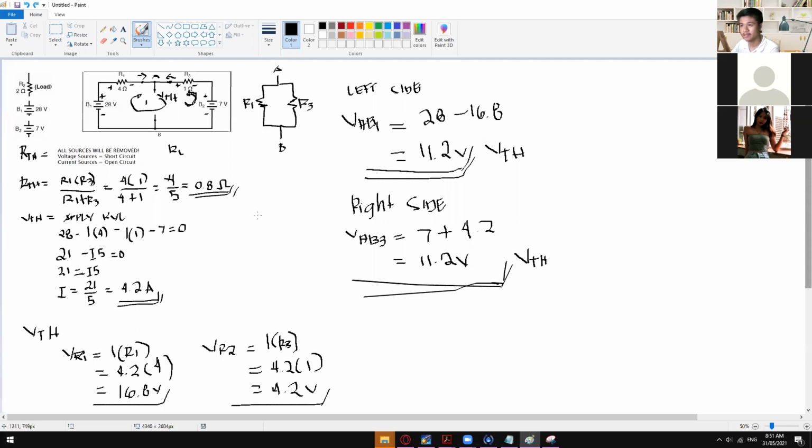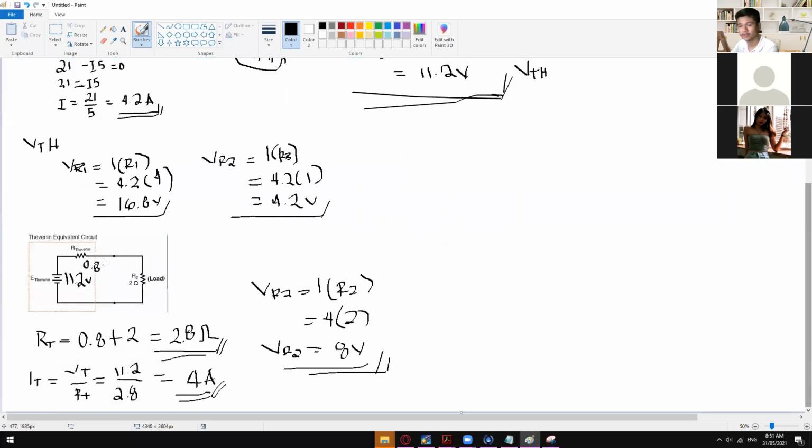Sometimes the RL is also in here, so we put that one as our node A and B. That is where you can find the RTH and then the VTH. Once you're done solving for those two, you can transform that into the Thevenin equivalent circuit and just put back the R load right here. Then you can solve for the total resistance, total current, the voltage drop across R2, and even the voltage drop across the R Thevenin.